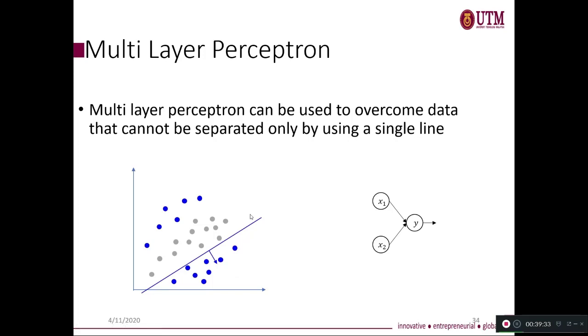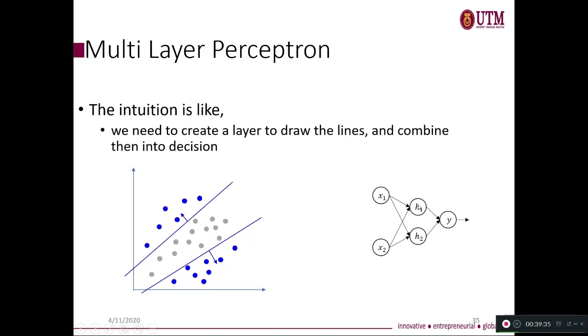By introducing the multi-layer, you have two neurons at the hidden layer, and this one is your output layer. With the hidden layer, the combination of this point and this point generates that point.